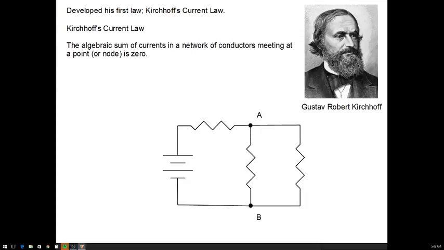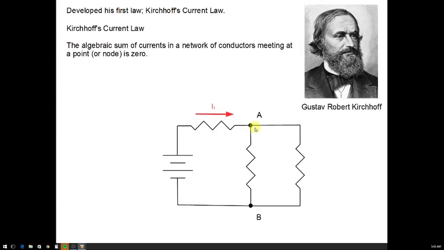I've just created a simple circuit here, with a battery and some resistors, and I have two connection points, or nodes. In fact, I'll use the term node from now on in the rest of this lesson. So I have a node A and a node B in this circuit.